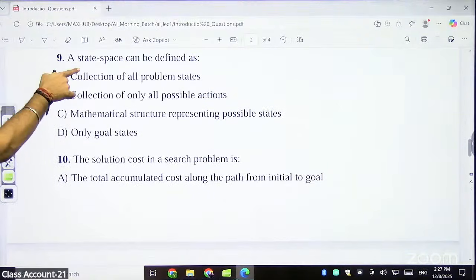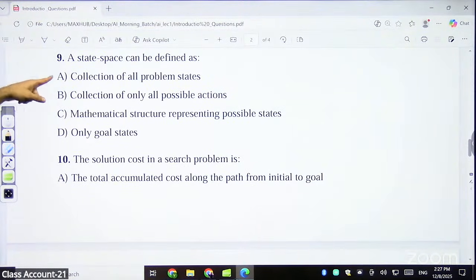Question number 9. A state space can be defined as, very simple. This is an MSQ question. A state space can be defined as the collection of all problem states.